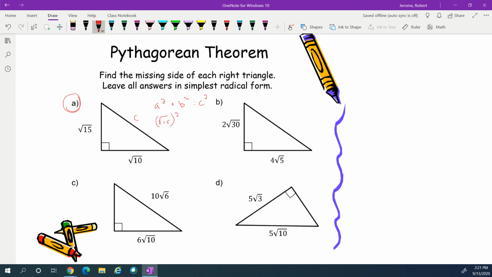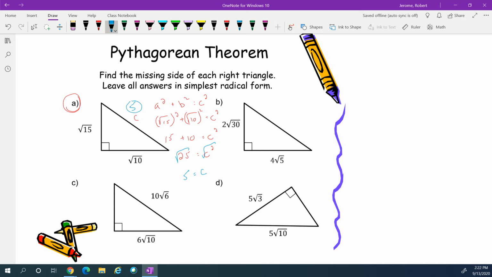So we have A squared plus B squared equals C squared. Well, the square root of 15 squared is 15. And the square root of 10 squared is 10. So that's 25 equals C squared. We take the square root and we find out C equals 5.